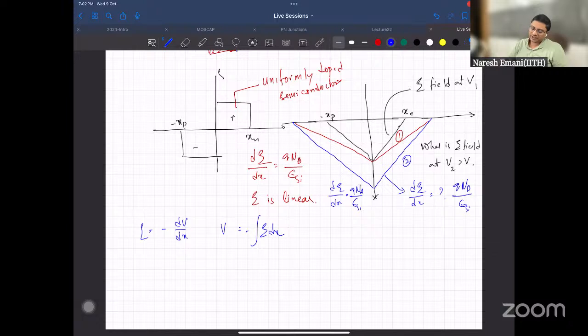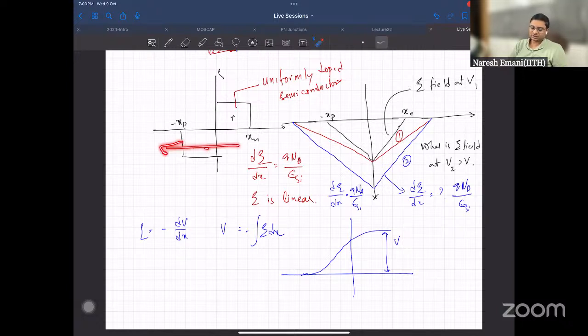You can also see it another way: you can take some reference and say that there is a voltage drop. If I apply this much potential on the edges, if this is my 0 volts, there is an electric field going in the negative x direction. So this is my potential, okay? Now, when you have this kind of a potential, the positive charges will move away from the junction.